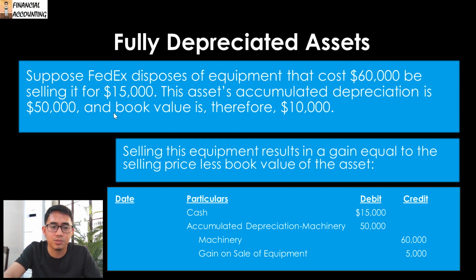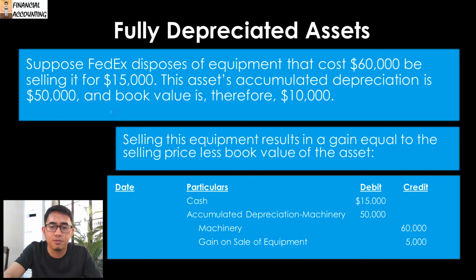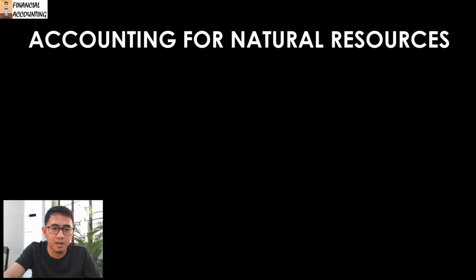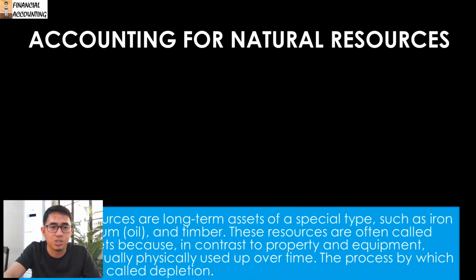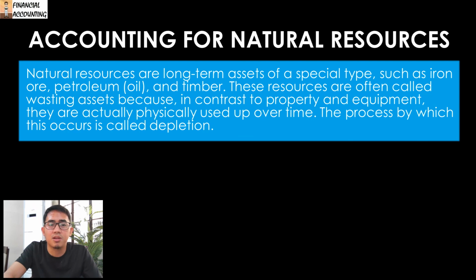Okay, so this is how you treat the disposal of a fully depreciated asset. Now let's move to accounting for natural resources. This is just a short computation discussion. So natural resources are long-term assets of a special type, such as iron ore, petroleum, oil, and timber. These resources are often called wasting assets, because in contrast to property and equipment, they are actually physically used up over time.